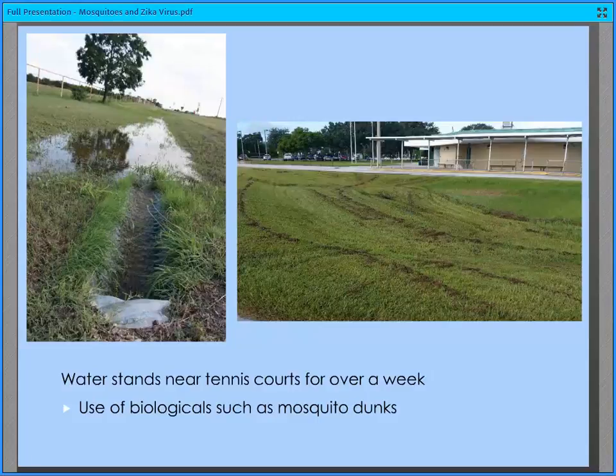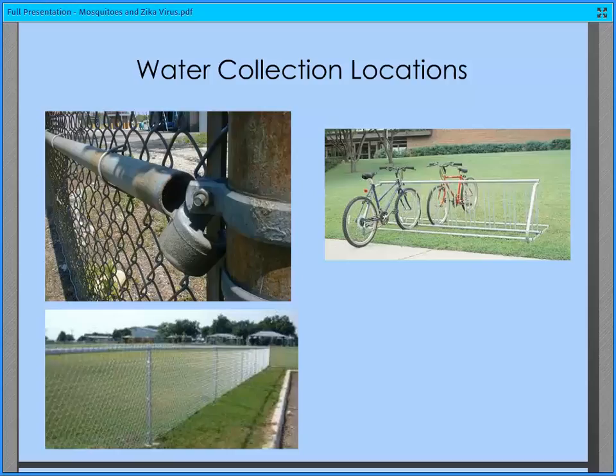Again, it's been sitting there for the better part of a week or two. And these are where we use a lot of our biologicals like the dunks. We just throw them out there. They last 20-some days, 30 days out there. And if it does dry up and it fills up, a lot of times the dunks are still active, so we don't have much of a problem. And it keeps our callbacks down.